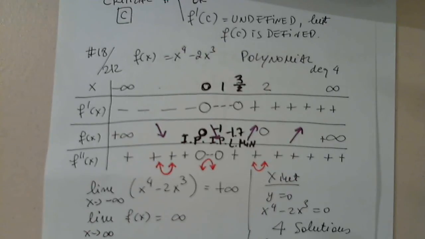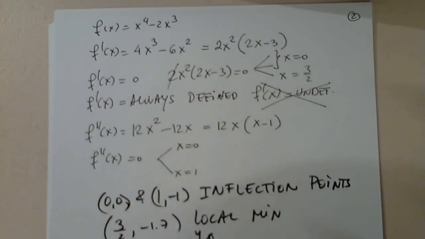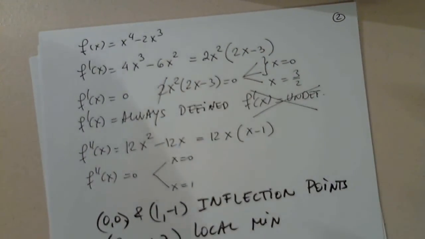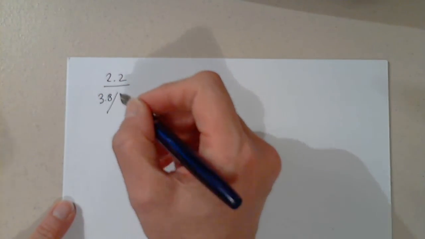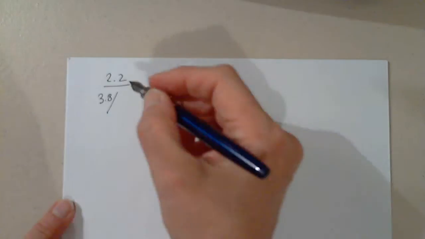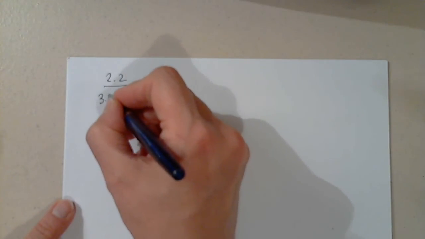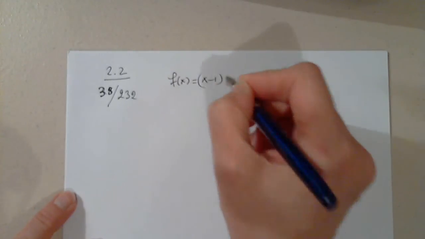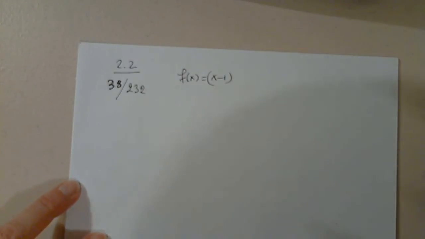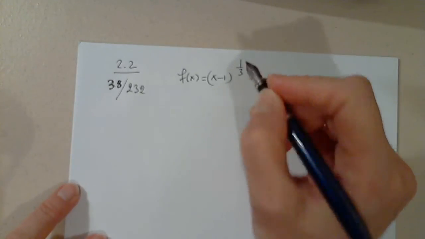Let's say problem 38 in 2.2, 38 on page 232. This is f of x equals (x minus 1) raised to 1/3, plus 3.